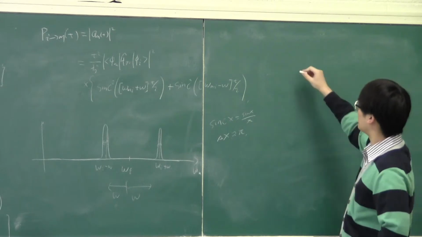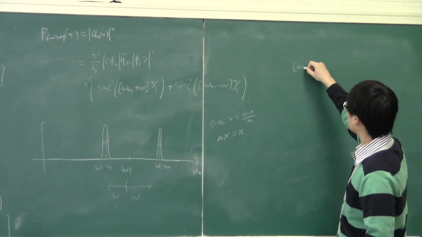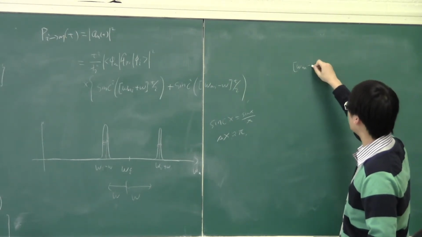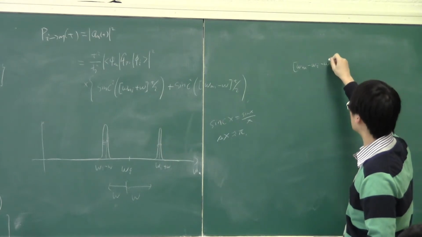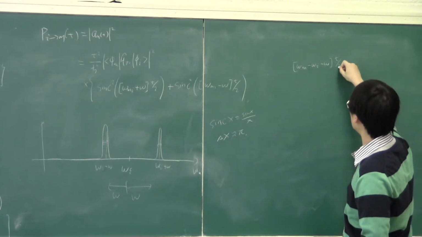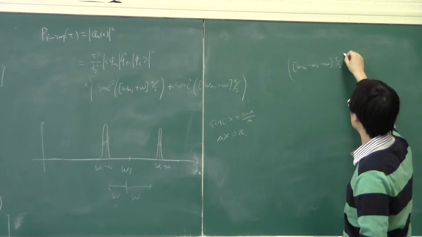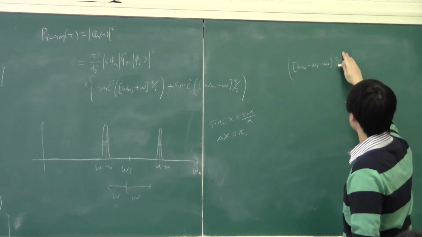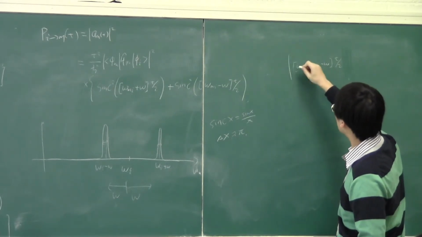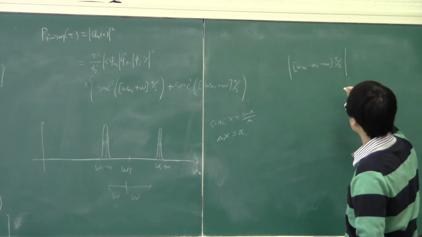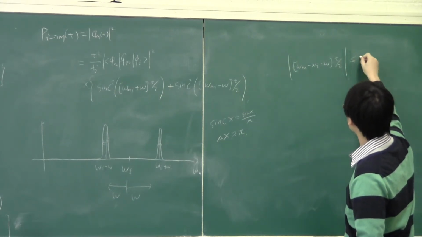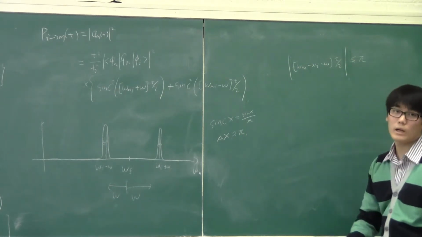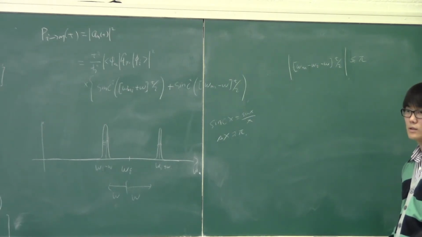To determine the width, we calculate omega_mi, let's write it out, minus omega I, minus omega, times t over 2. Okay. So I want the magnitude of this thing to be less than or equal to pi. Is that correct? Okay.